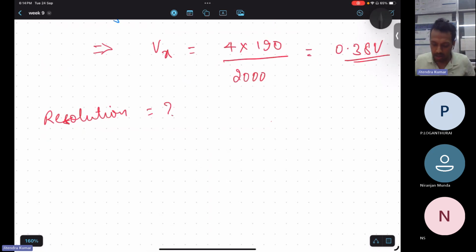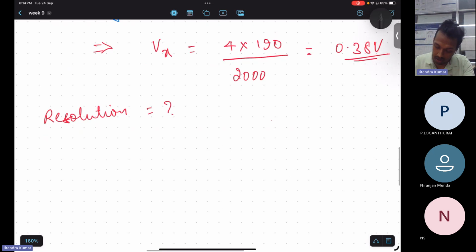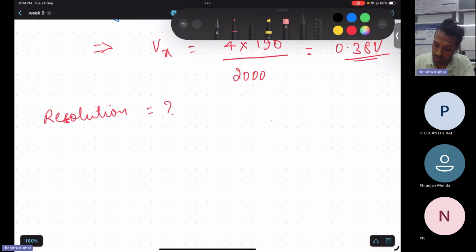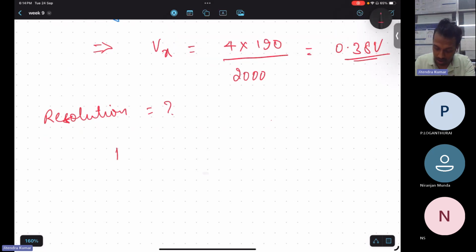So we will see that 4 volt is our reference voltage, and it takes 2000 clock pulses to reach that while integrating.